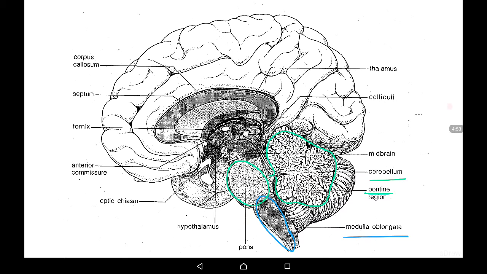In the hindbrain and in the other parts of the brain, we may find the reticular formation. Reticular formation was already described.